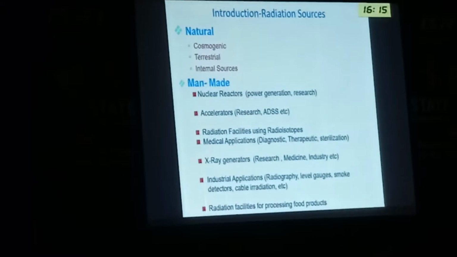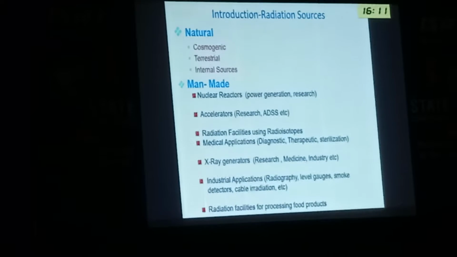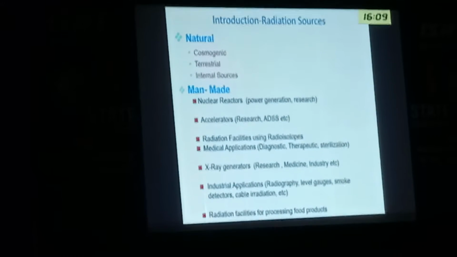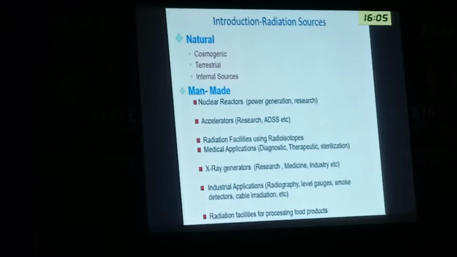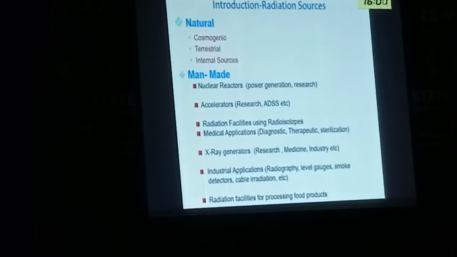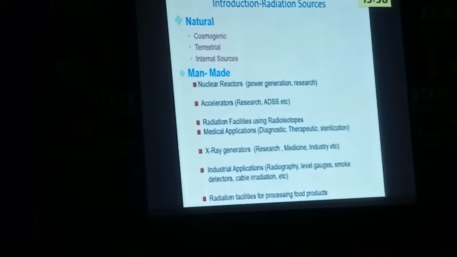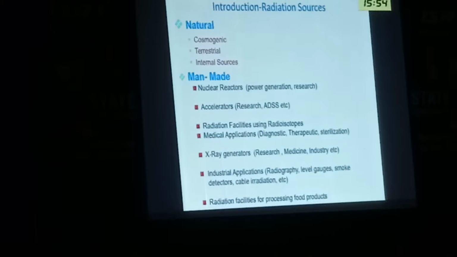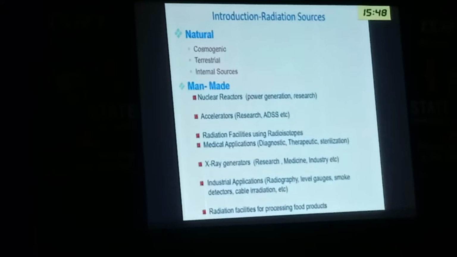Then accelerators, where charged particles are accelerated to produce radioisotopes, or used for experimental purposes in nuclear physics, nuclear chemistry, material science study. Then radiation facilities using radioisotopes, medical applications for diagnostic as well as therapeutic. Then X-ray generators and industrial applications, radiography or nucleonic gauges, which are mostly used to detect flaws or defects.